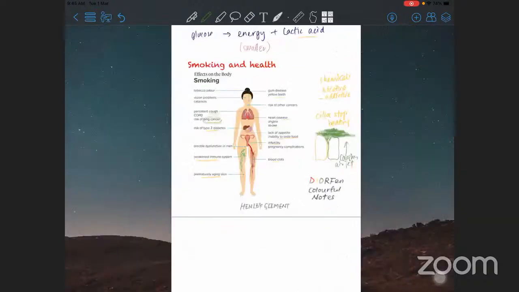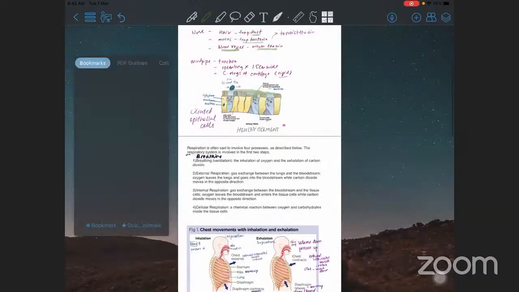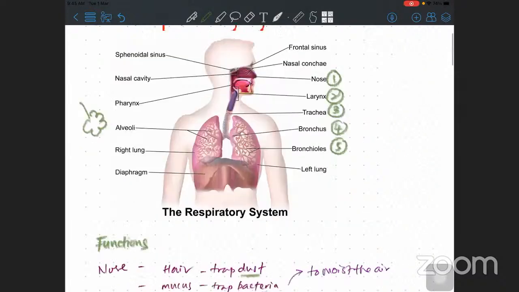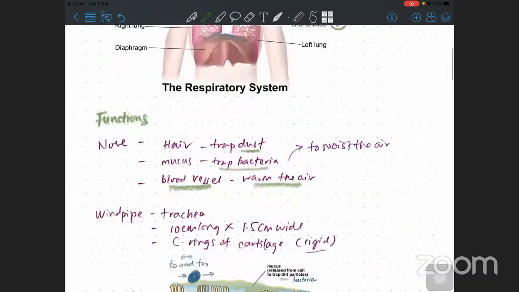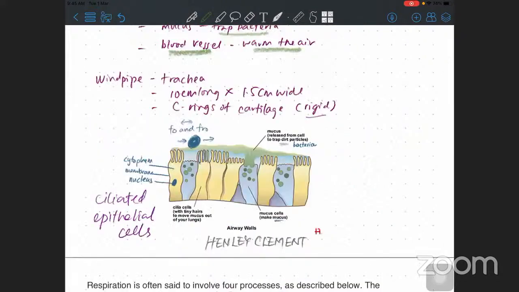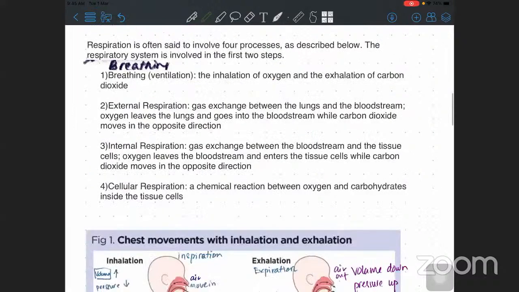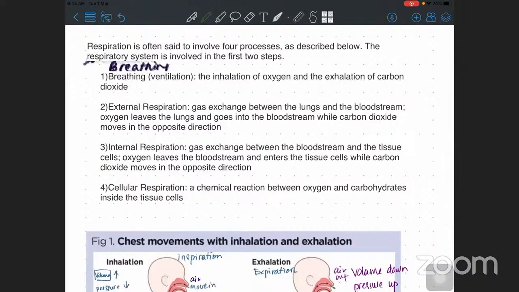Okay. So today we have learned about the parts of the respiratory system, then its function, and we have learned about the ciliated epithelial cells and the mucous cells. We also know that breathing is 2 parts of the 4 of the respiration system. The other 2 happen in our bloodstream to the cells and release the energy.